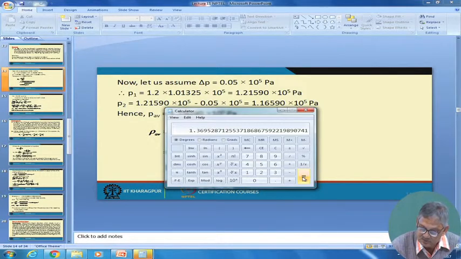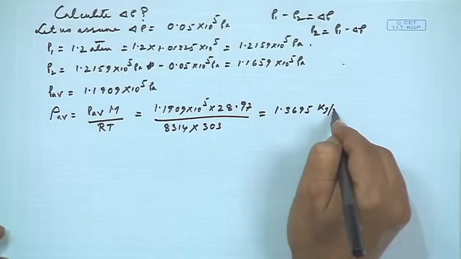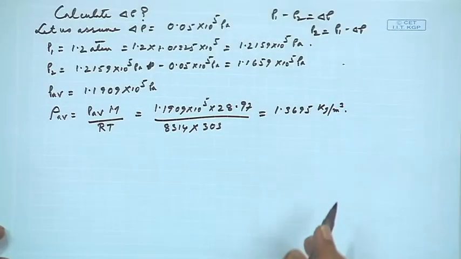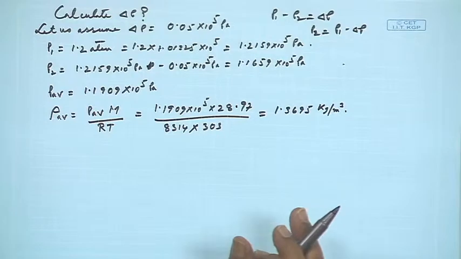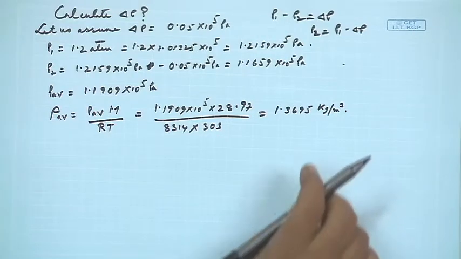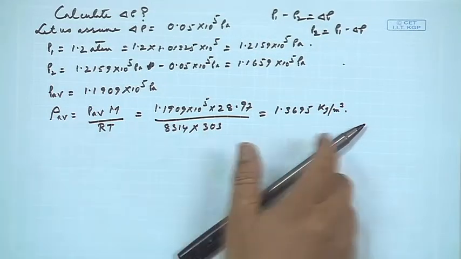It is 1.3695 kg per meter cube, right? So now we have G average, G prime, we have rho average, right?